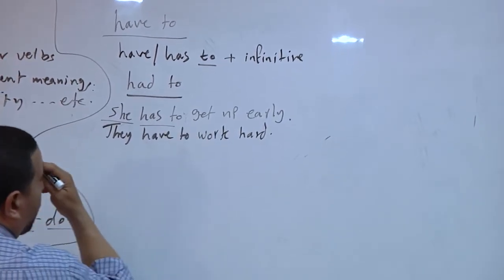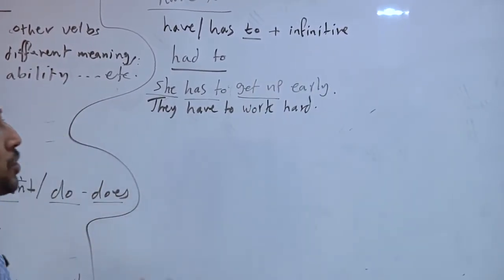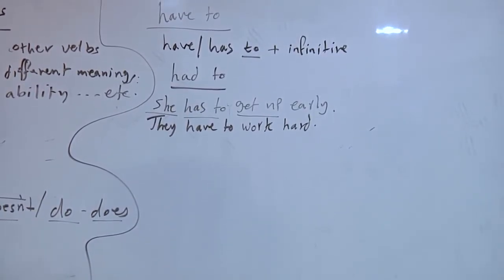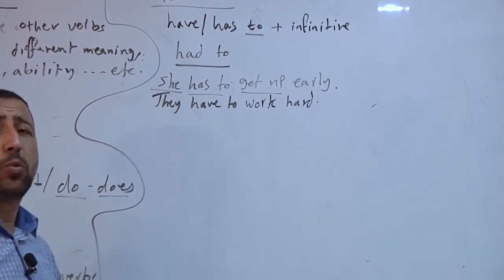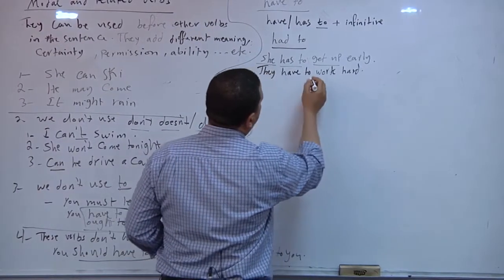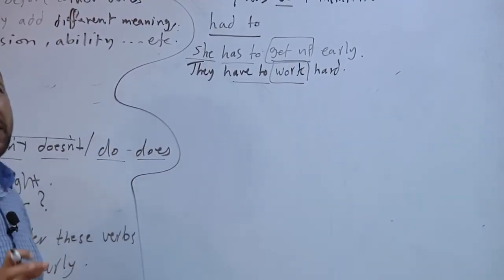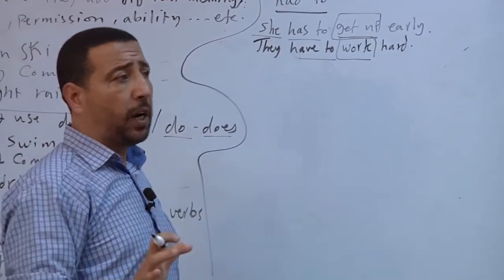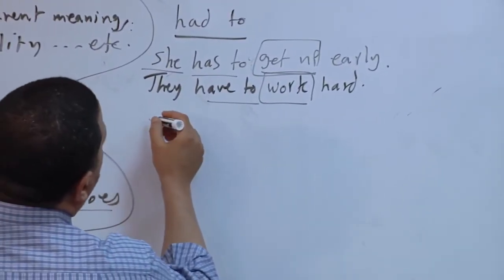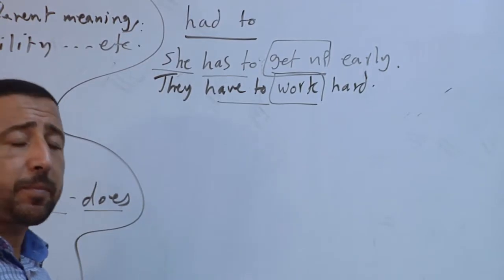What comes after have to or has to is the infinitive without s, without ing, because the verbs that follow modal verbs cannot be used in the ing form, cannot be used with s and this stuff. And that's why they have to work hard. This is the bare infinitive. So she has to get up early. They have to work hard. I have to, for example, do my homework early and the stuff.